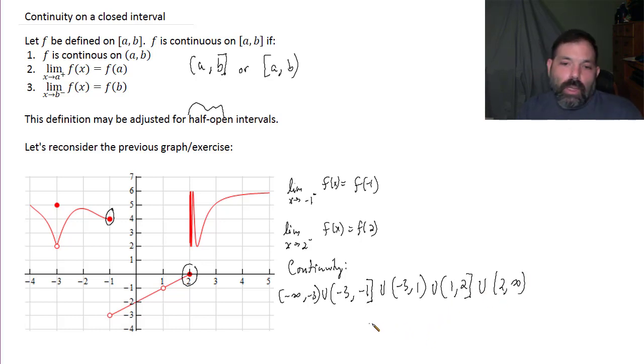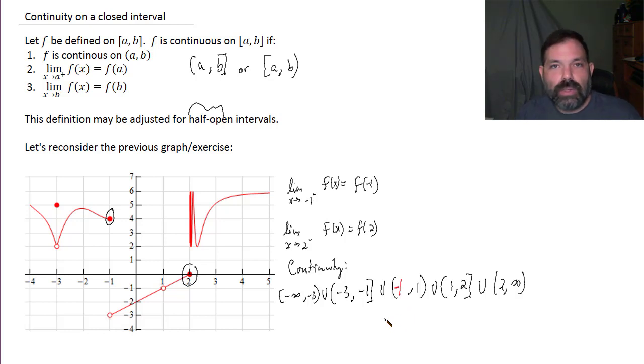Now you might say, well, if the function is continuous at negative 1 on the left, why isn't it... Oh, and I wrote that third interval wrong. Let's fix that. Not negative 3 to 1, negative 1 to 1. Sorry about that. If the function was continuous from negative 3 to negative 1, including the negative 1, and then from negative 1 to 1, why isn't it just continuous from negative 3 to 1?